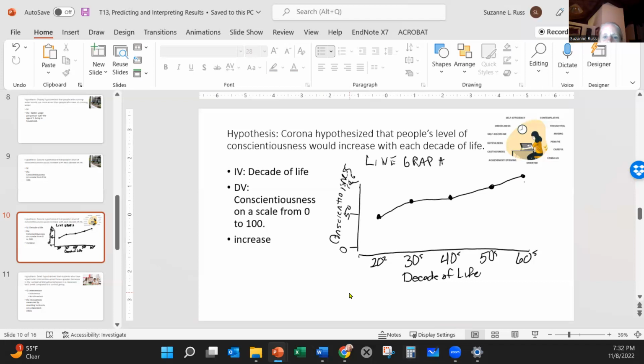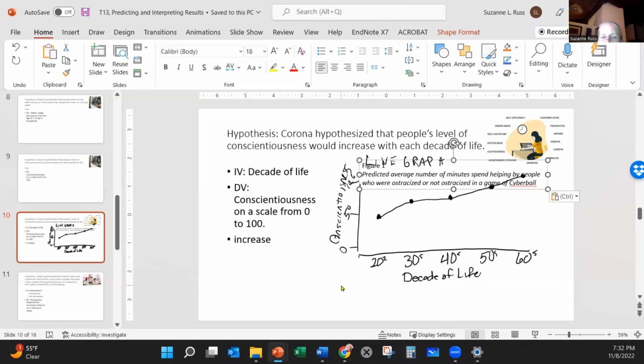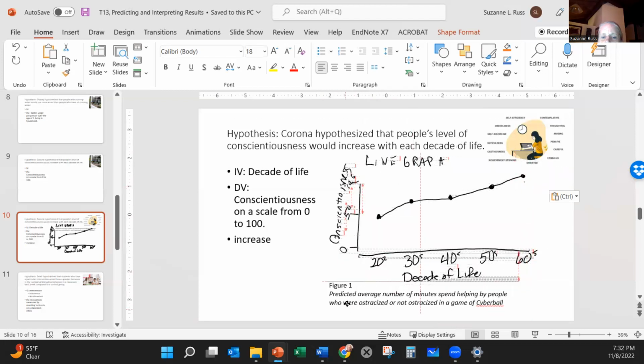And in this case, the title would look much as it did before. And it would go on top, but I'm going to put it on the bottom because I have some words written on top.